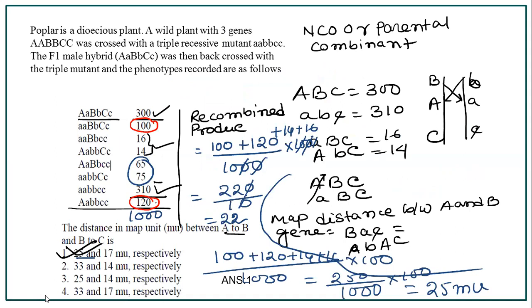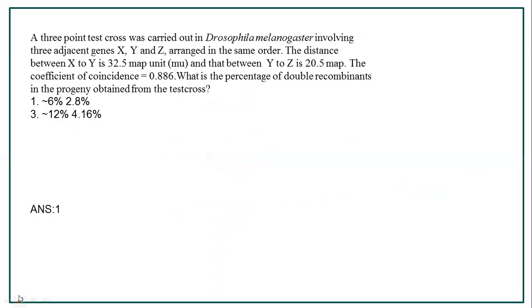Now next question. Here a 3-point test cross was carried out in Drosophila melanogaster involving 3 genes, X, Y and Z, arranged in the same order.